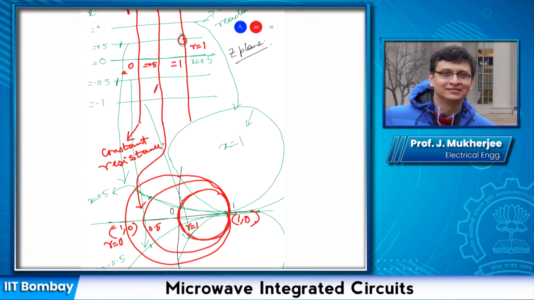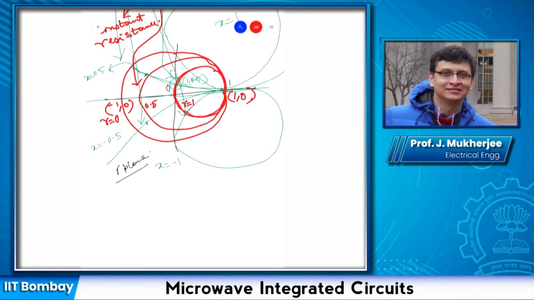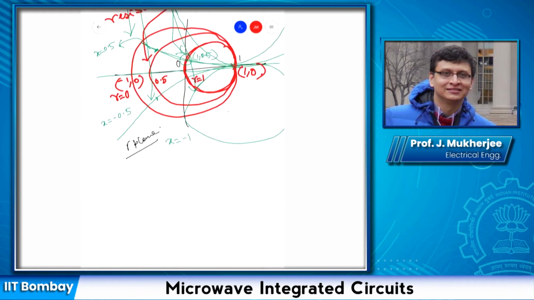The intersection of the two is the 1 comma 0.5 point. This is how we locate points. So this point is translated to this point in the Smith chart. Now, the Smith charts are available online, you can go through them.